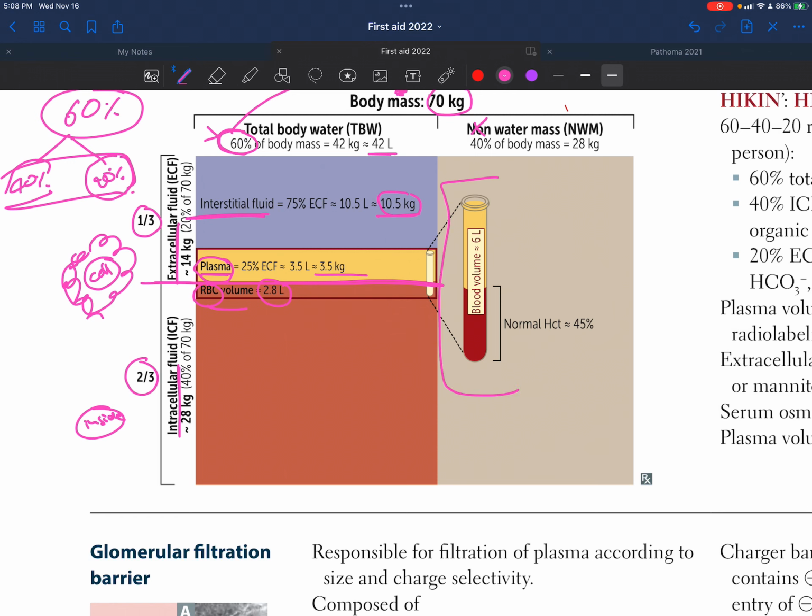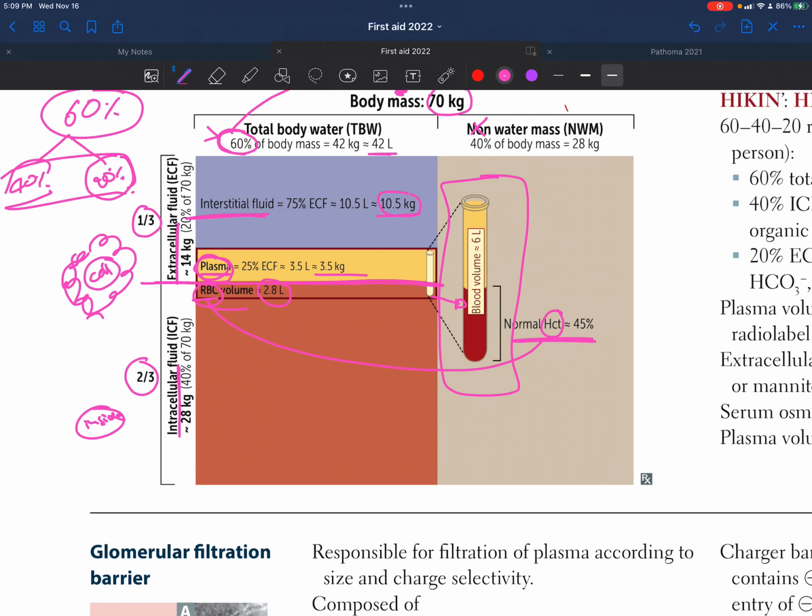This is if we take a sample of blood, so basically we are taking a small amount of blood. Out of that amount, we will see that the majority of it consists of plasma, and only a small amount of it is RBCs, and the RBCs, accumulated, are called hematocrit.